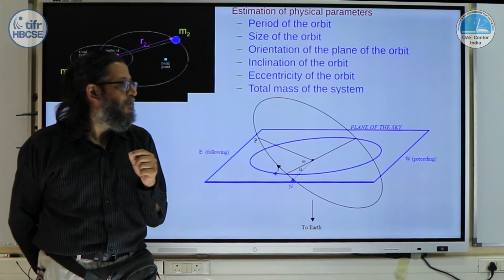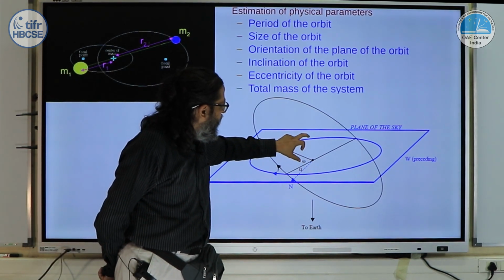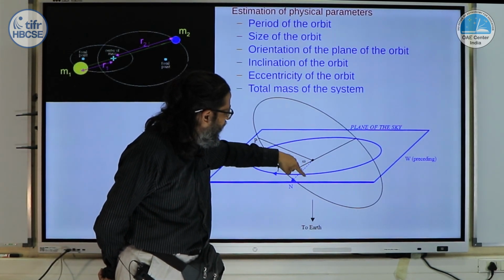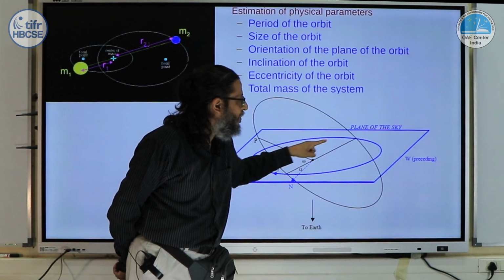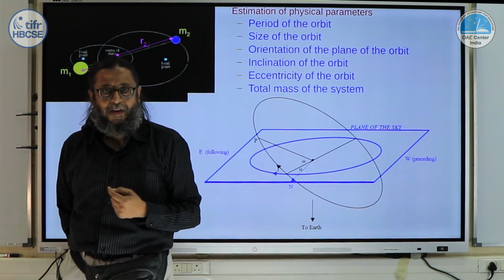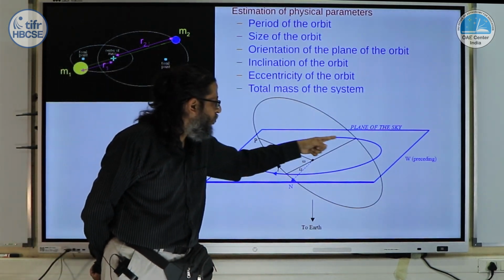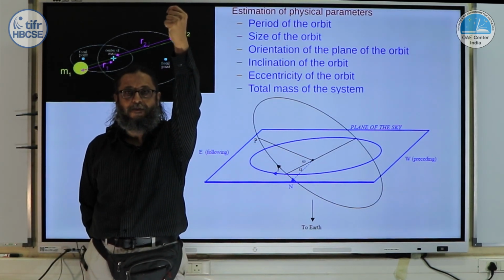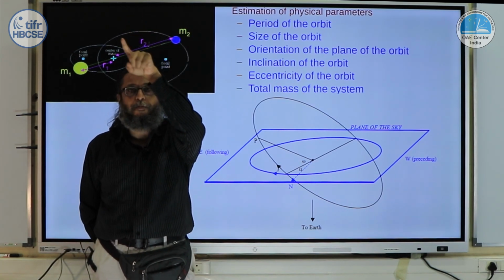Simply because of the projection effect, the radius in one direction and the radius in the other direction will not be the same. And hence, most of the time, what you see when you observe the systems is an elliptical path.